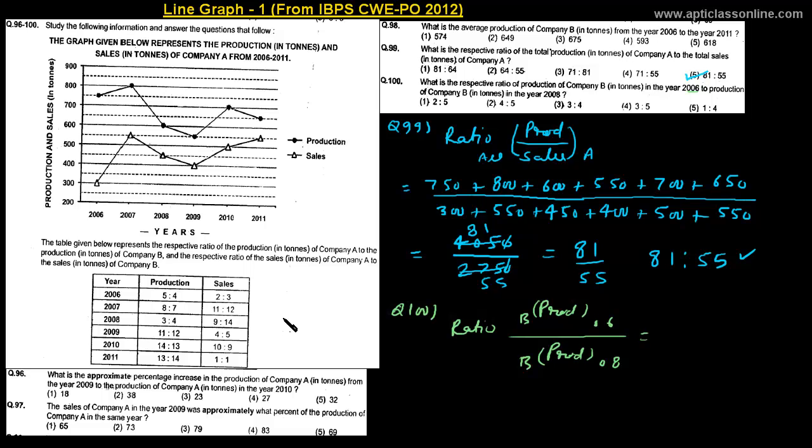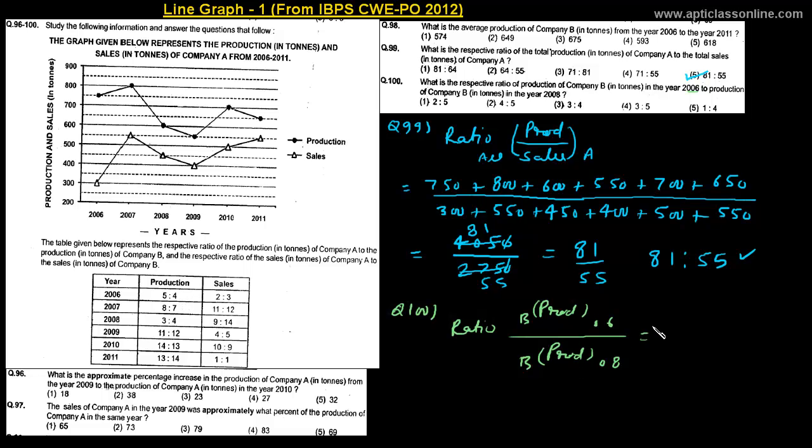So if 5x belongs to the production of A in 2006, which is 750, then what will be the value corresponding to 4x?